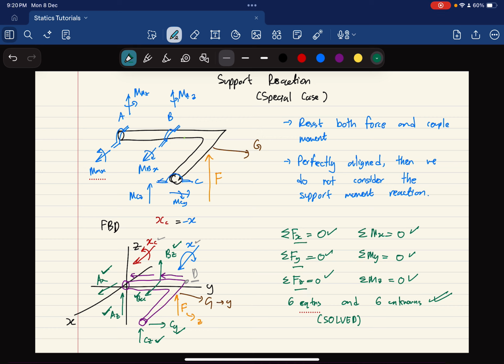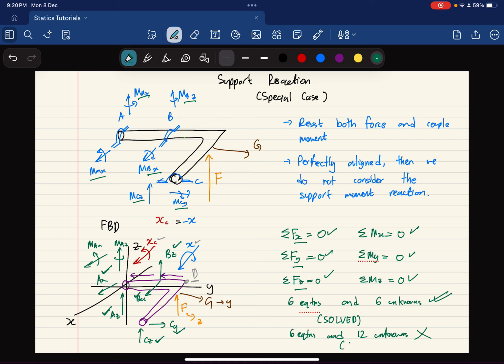If I were to introduce the moment reactions, if we were to introduce the MAX and all that, then we'll have so many unknowns actually. Let me just count from here. So it'll be 1, 2, 3, 4, 5, 6. So we have 6 more unknowns. So let's say for example you have 6 equations and 12 unknowns. We cannot solve the problem.